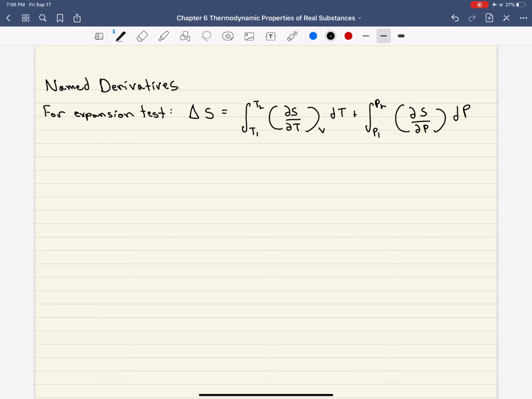And we saw from our Maxwell relation that we could rewrite dS/dP in terms of the change in volume with changing temperature at constant pressure. That's what we got for the Maxwell relation.